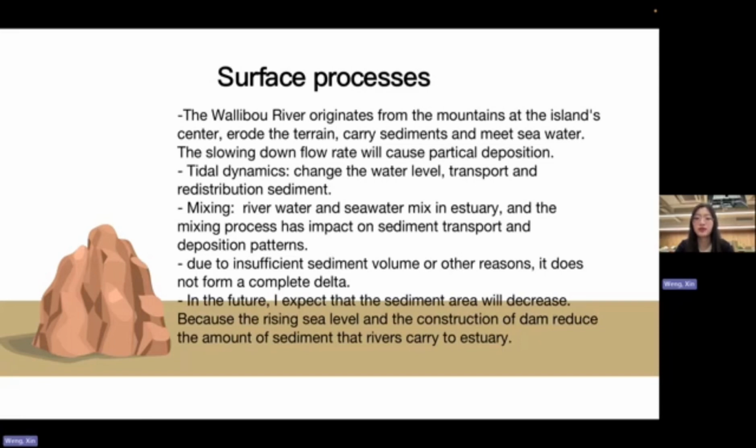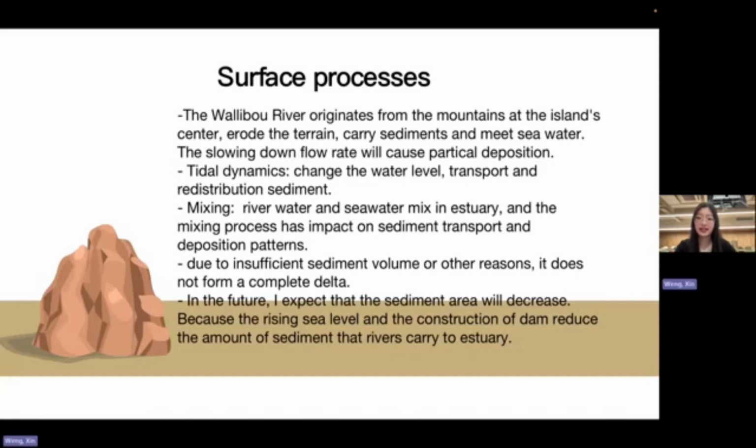In addition, when river water and seawater mix in the estuary, the mixing process will have impact on sediment transport and deposition patterns. However, due to insufficient sediment volume or other reasons, it does not form a complete delta.